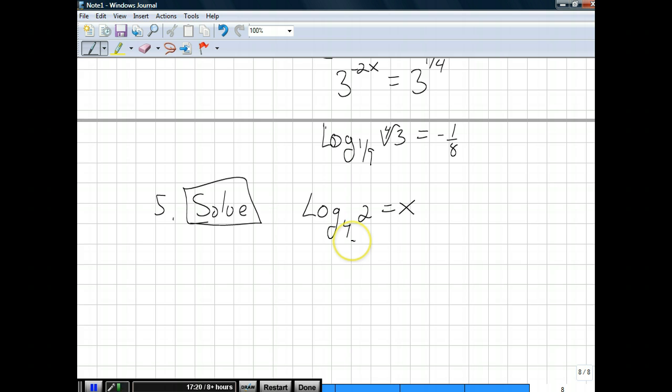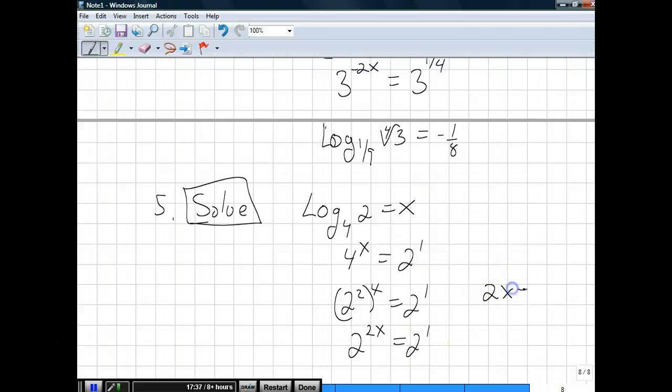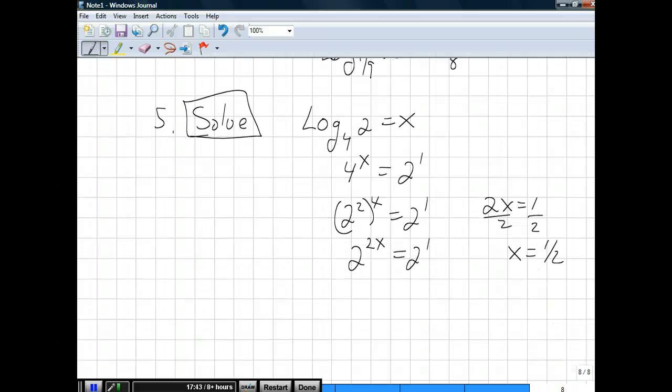But you do the same process. Take it out of log form, put it into exponent form. Try to get the same base. Then set the exponents equal. Okay, so the solution is 1/2.